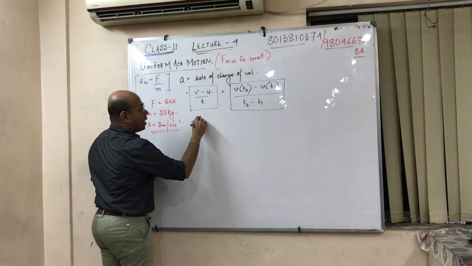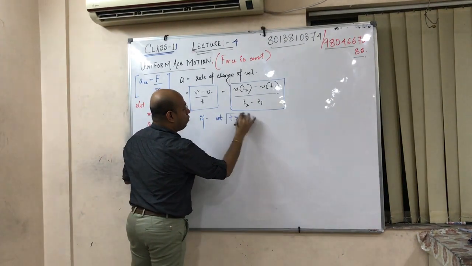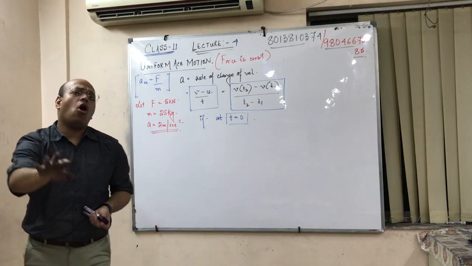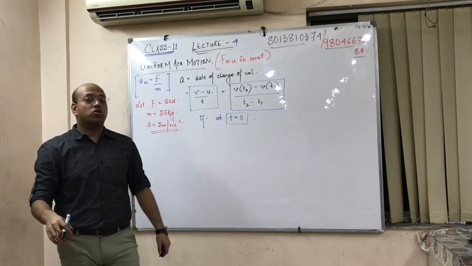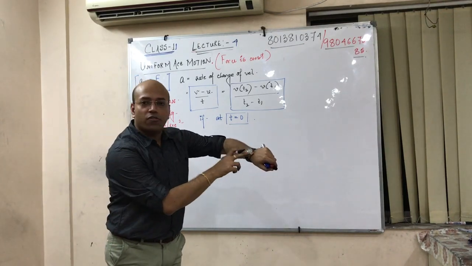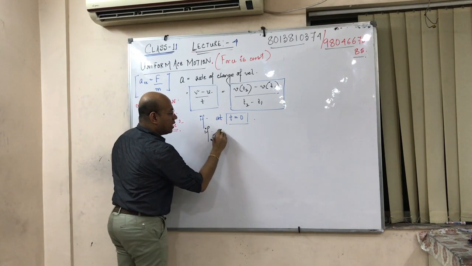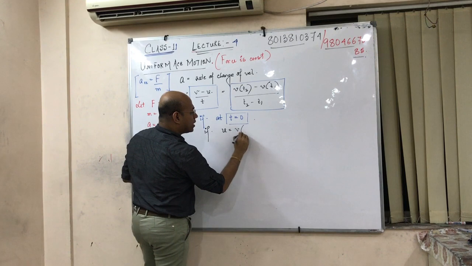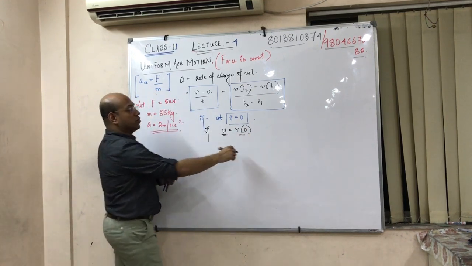If at t equal to 0, over here we are again coming to the point of t equal to 0 or t equal to anything. t equal to 0 means when the observer starts calculating the time. If initial velocity, now u actually signifies what? V at 0. U signifies v equal to 0.